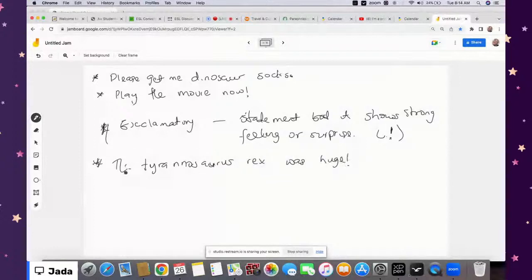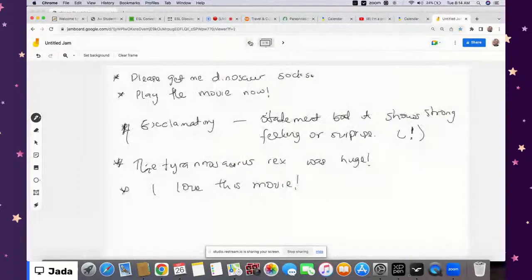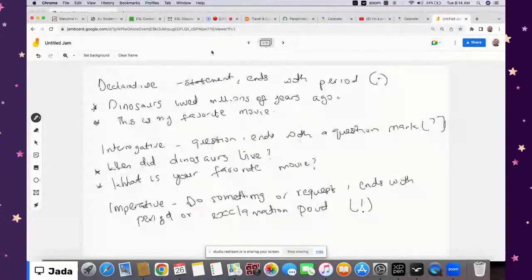And then yes, we have the exclamation points. And then we can also have I love this movie. Okay? So that's it basically. That's it about the interrogative, declarative, exclamatory, and then the imperative.